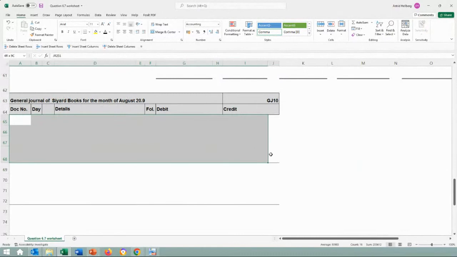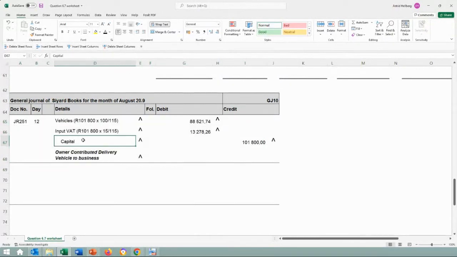So how we would document it in our general journal is as follows. You would have capital, the 101,800. Then you would have the vehicle, which is 101,800 multiplied by 100 over 115, which gives you a value of 88,521.74.